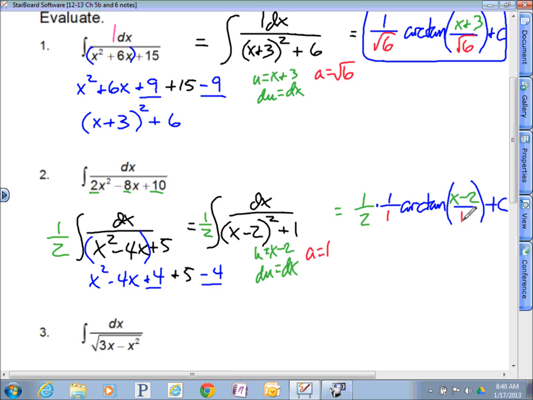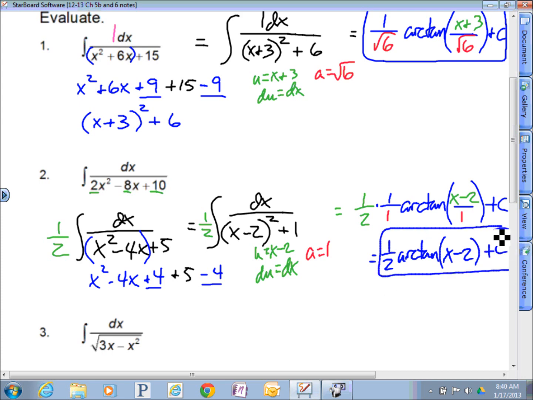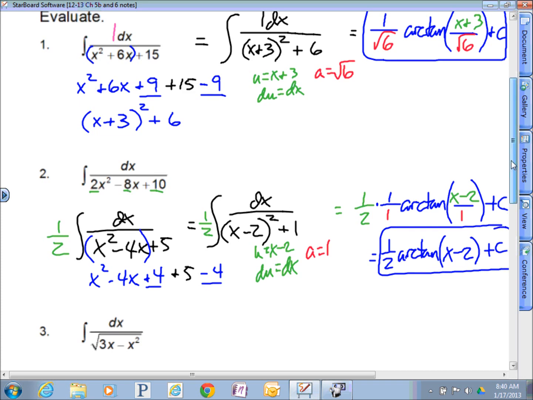If we clean all this up, we've got 1/2 arctangent of the quantity x minus 2 plus my c. So one of the things that you can do when you have to complete the square is look for a constant that's common to all. If it's common to all, you can factor that thing out. And I think that's actually a pretty good way to go about handling that.